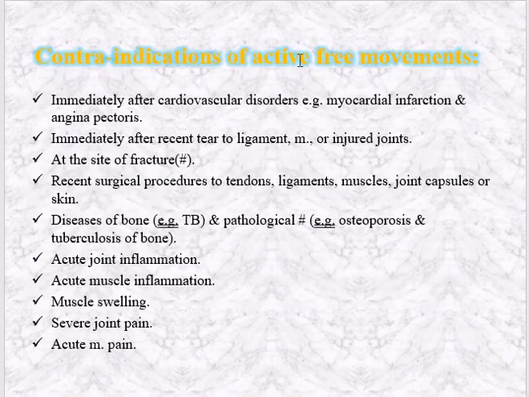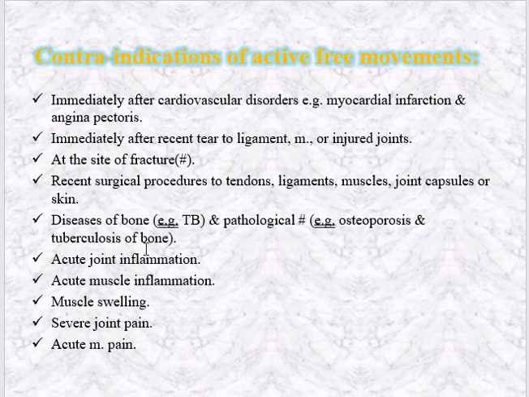What are the contraindications of the active free movements? Immediately after cardiovascular disorder, for example, myocardial infarction, angina pectoris. Immediately after a recent tear to a ligament, muscle or injured joints. At the site of a fracture, recent surgical procedures to the tendon, ligament, muscle, joint capsule or skin.